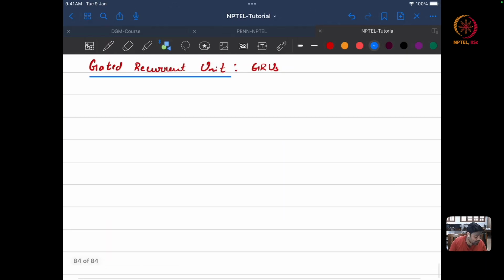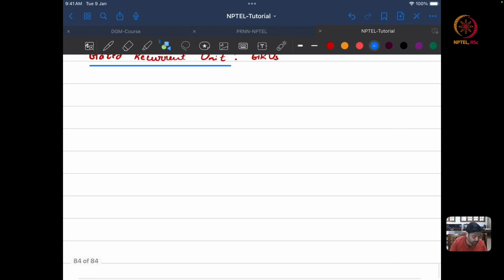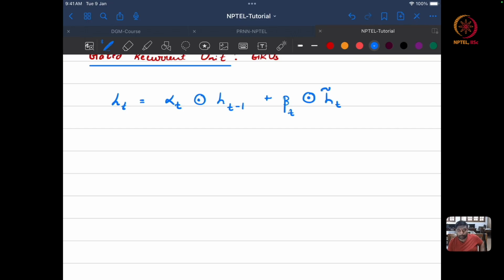Now here, as we already know from a generalized expression, h_t is some alpha_t taking a Hadamard product with h_(t-1), plus some beta_t taking the Hadamard product with h_t tilde.